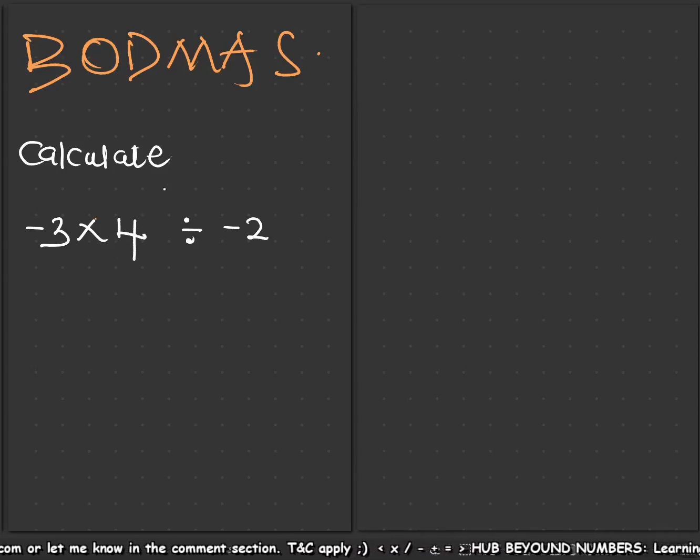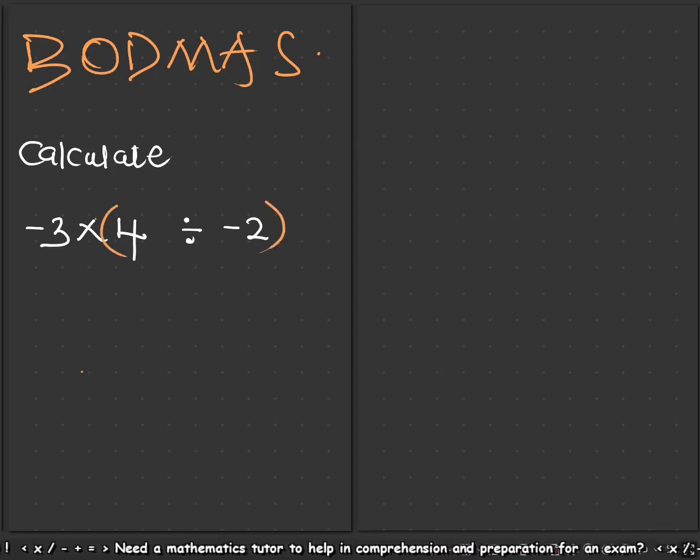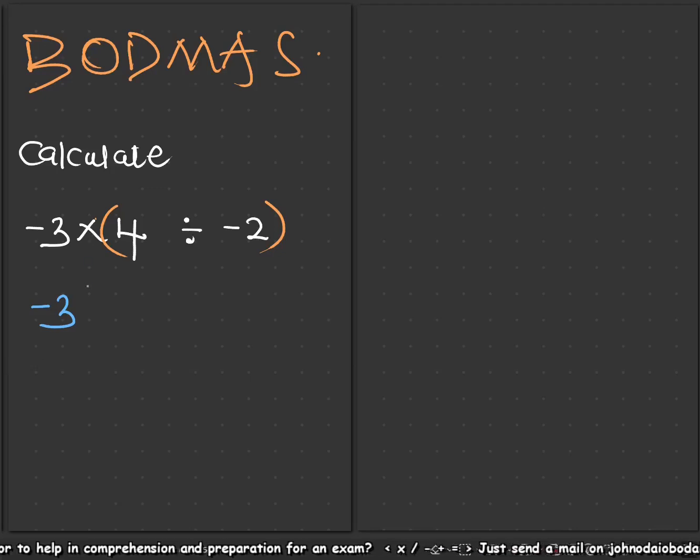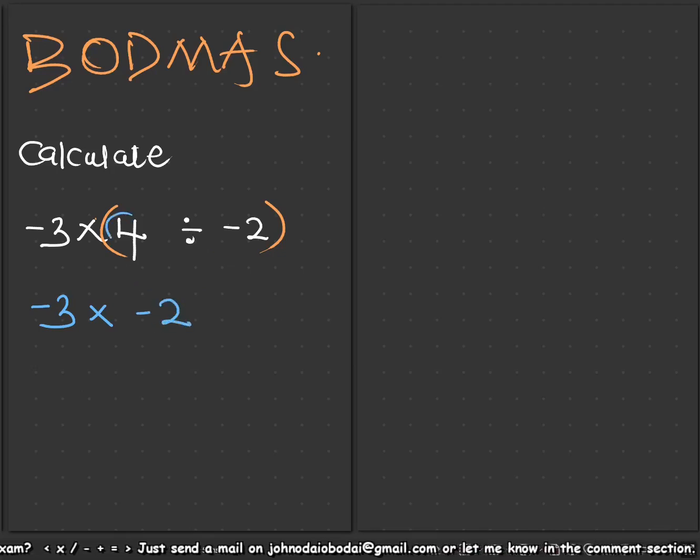You see? So for this over here, let's first of all work the division. So that in so doing, we are going to maintain our -3. We have our -3 times 4 divided by -2. So we know 4 divided by -2 is going to give us a -2 because it is a positive number divided by a negative number.